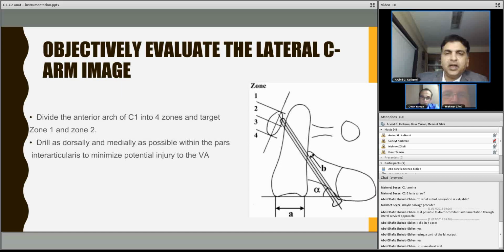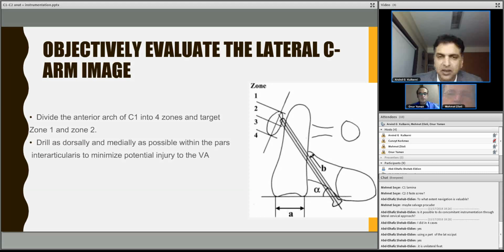This is what I meant by the zones in C1. When you're angling from C2 into C1, C1 is divided into 4 zones. Zone 1 is superior to the C1 arch. Zone 2 is the superior aspect of the C1 anterior arch. Zone 3 is the inferior aspect of the C1 anterior arch.